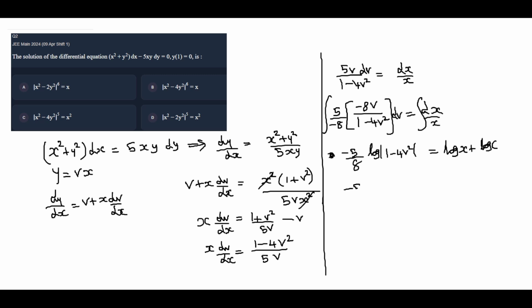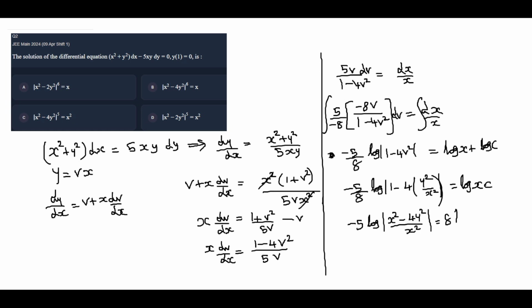So minus 5 by 8 log of (1 minus 4 into v square), where v square will be y square by x square, is equal to log xc. Just cross multiply 8 here, so minus 5 log of (x square minus 4y square) by x square is equal to 8 log x into c.